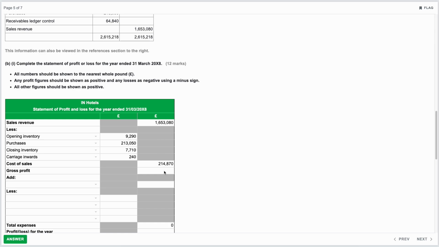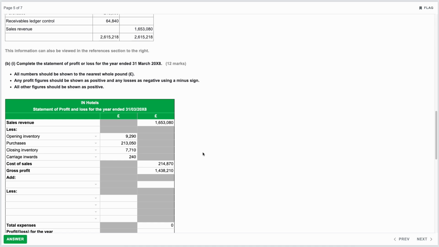So £1,653,080 less £214,870. And that gives us a gross profit of £1,438,210.